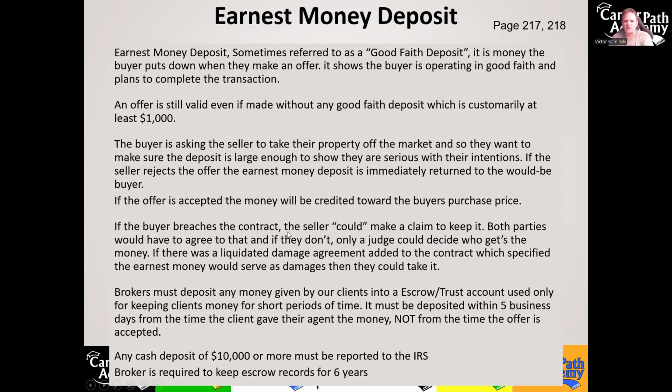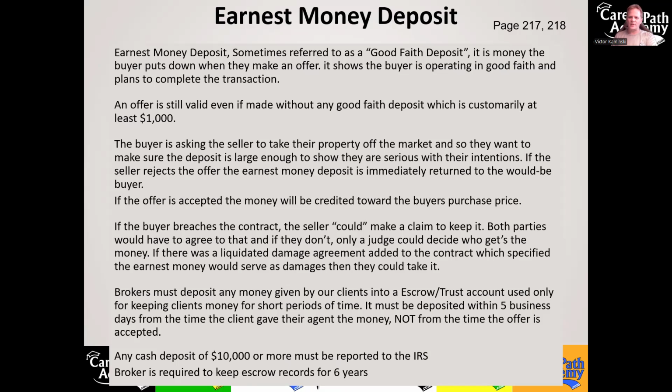If the buyer breaches the contract, the seller could make a claim to keep it. Both parties would have to agree to that, and if they don't, only a judge could decide who gets the money. So the brokers cannot release those funds from the escrow account. Remember, they can only do that if both parties agree and order us to release those funds.